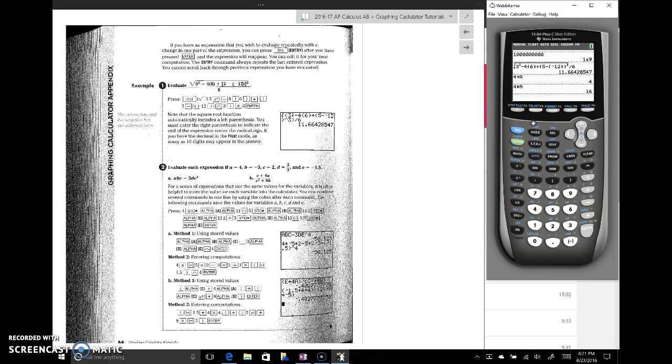Now, something that they don't show you in this example is you do want to clean things up when you're done. You don't want to accidentally be using values for variables from old problems. So one thing you can do is press the vars button, and we can look for, oh no, sorry, it's not in vars, it's in mem.